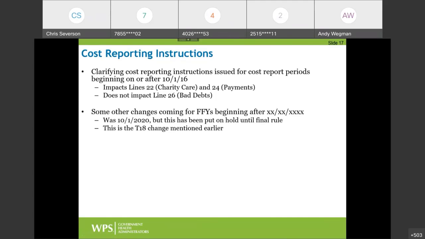There hopefully won't be any confusion, but it did certainly impact line 20, charity care, and line 22, payments, and then line 26, bad debts. It impacted those. And we do expect some other changes to be coming. And again, I put X's here because we don't know what fiscal years are going to be impacted by that T18 change.